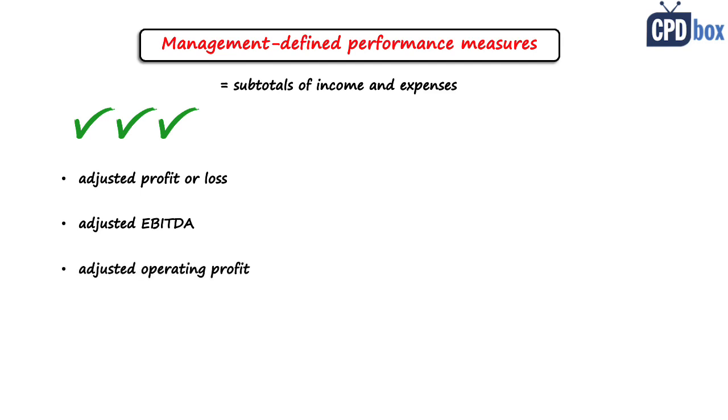Adjusted operating profit only, or adjusted profit from continuing operations. So all kinds of those adjusted measures, but remember, which are publicly communicated outside financial statements, right?